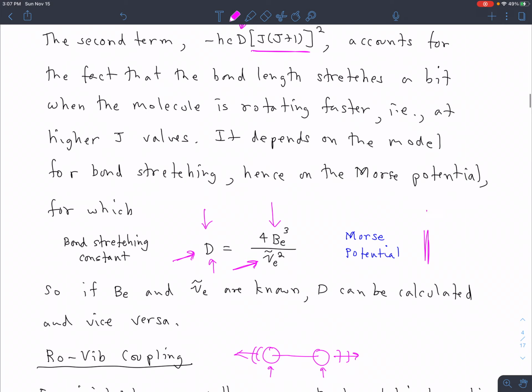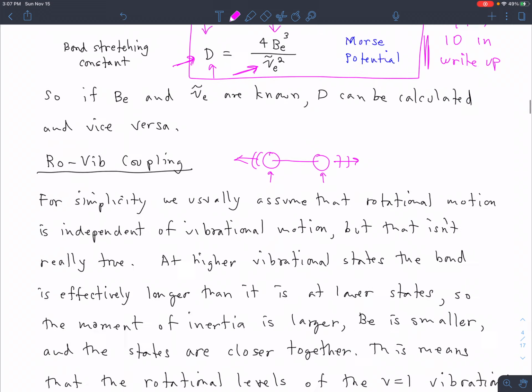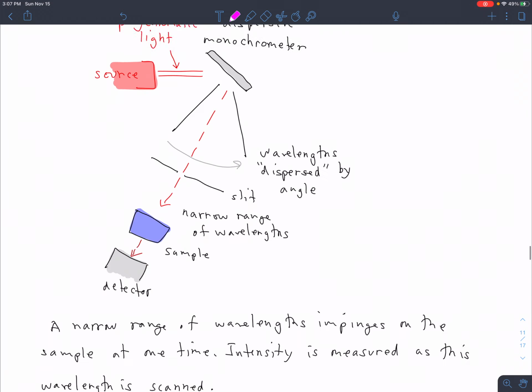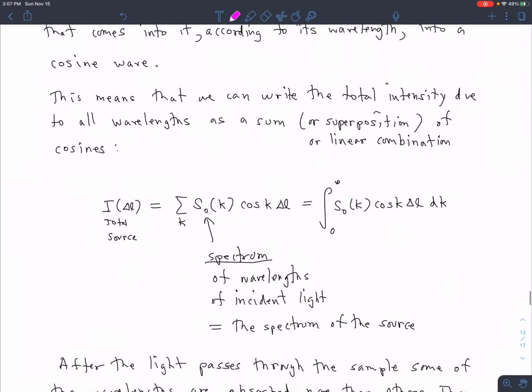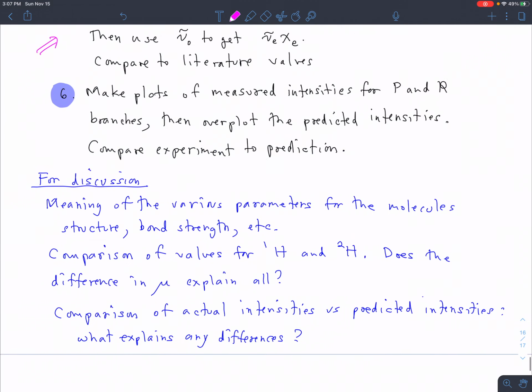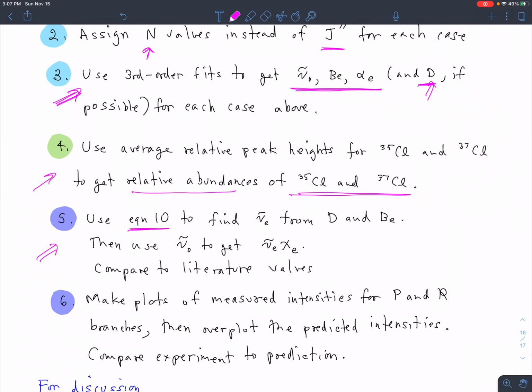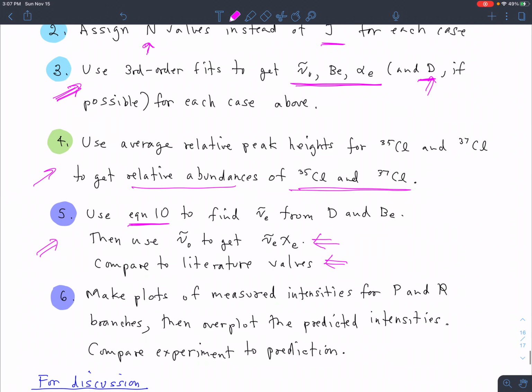This one. Use this expression, this is equation 10, in the other write-up. You'll see it labeled equation 10 in the write-up. Use that relationship in order to get some more of the parameters and compare them to literature values.